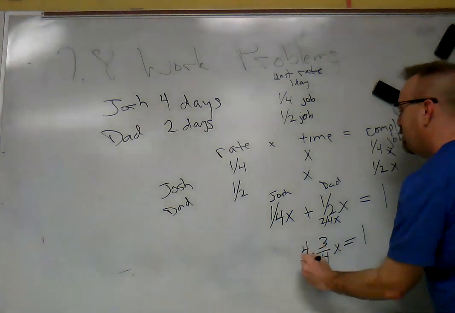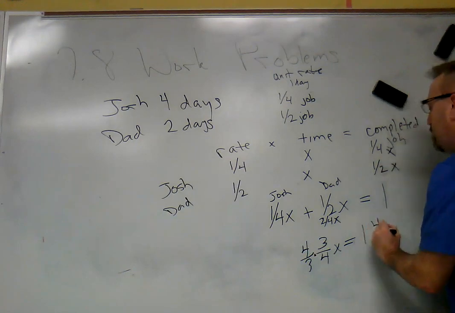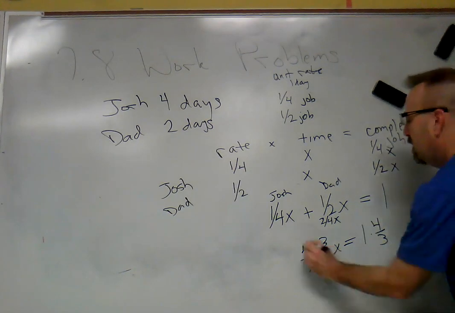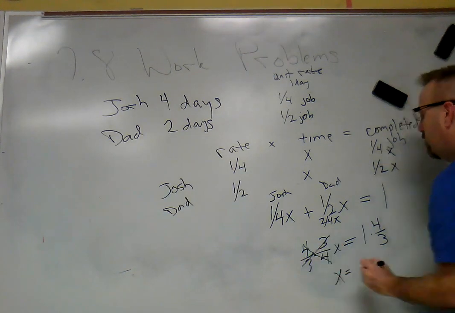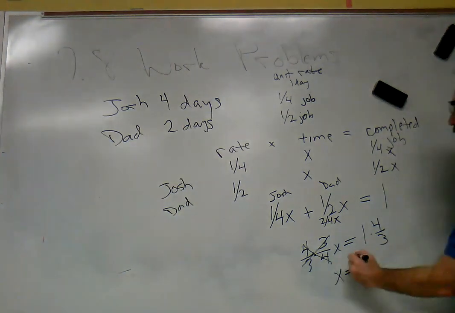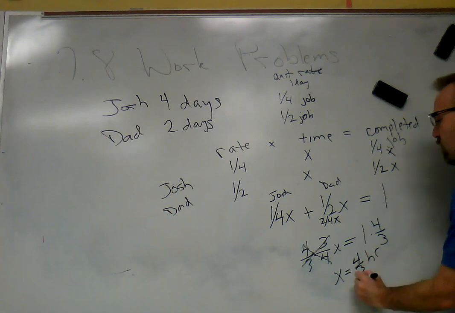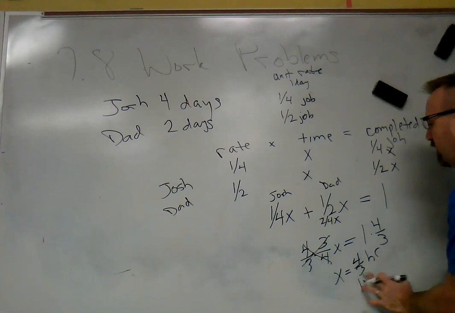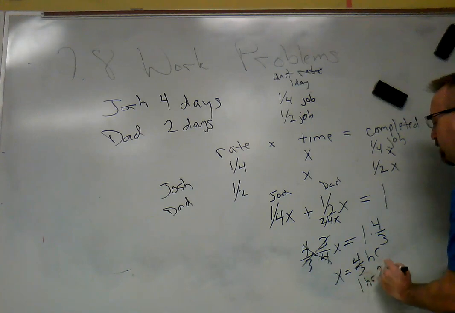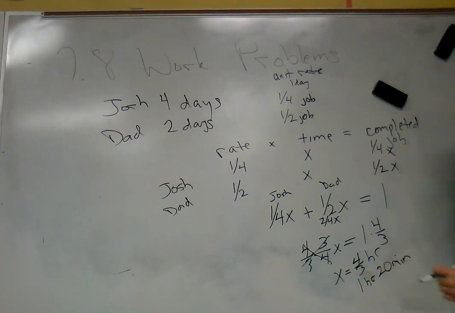Multiply by its reciprocal. x equals 1 times 4/3, which is 4/3. And that is 4/3 days, or 1 and 1/3.